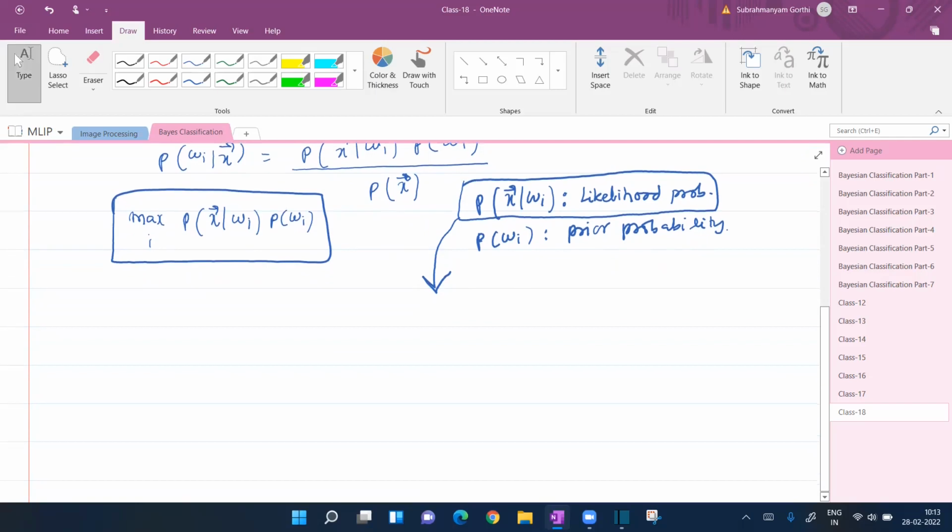This likelihood function is Gaussian, has a Gaussian distribution. If that is the case, what would be the boundaries of two classes or the decision planes of two classes?